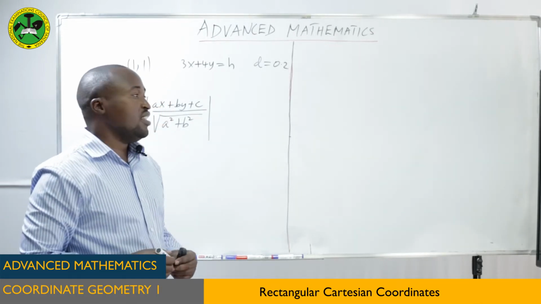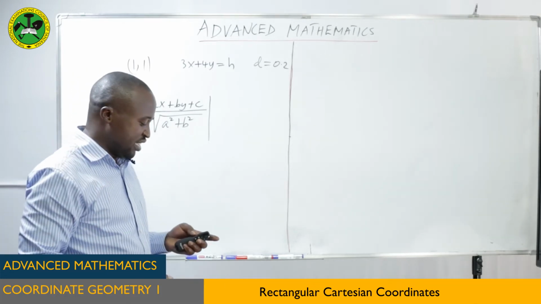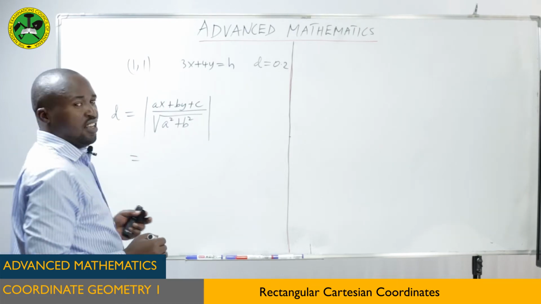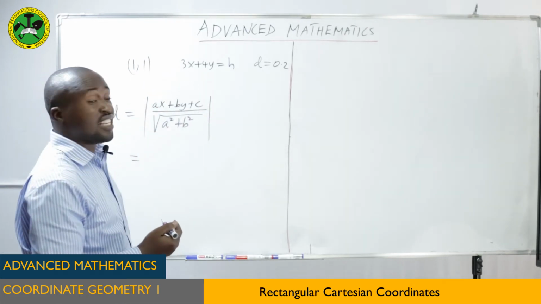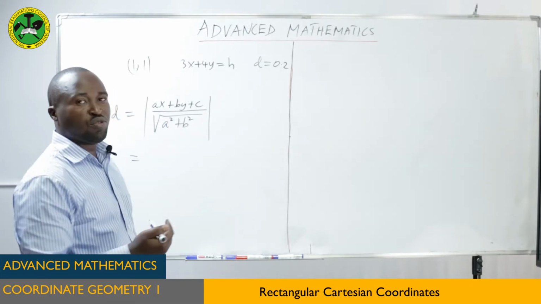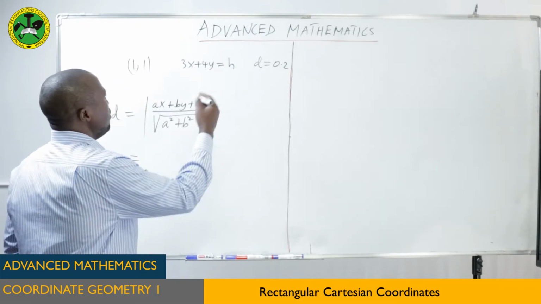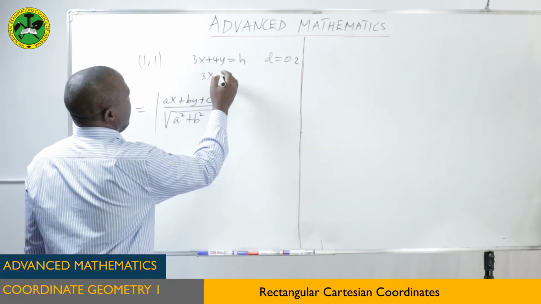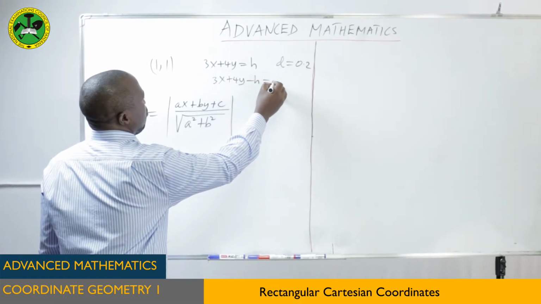So again, we use our general formula of finding the perpendicular distance. So in this case, our equation is 3x plus 4y is equal to h. So let us rearrange this equation. It can be written as 3x plus 4y minus h is equal to 0.